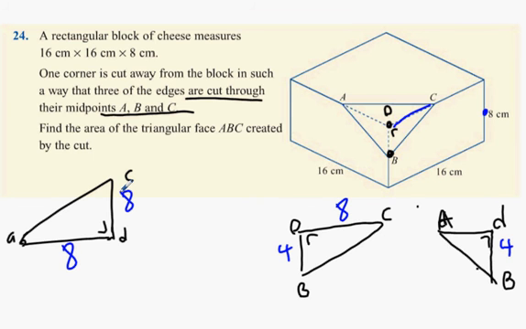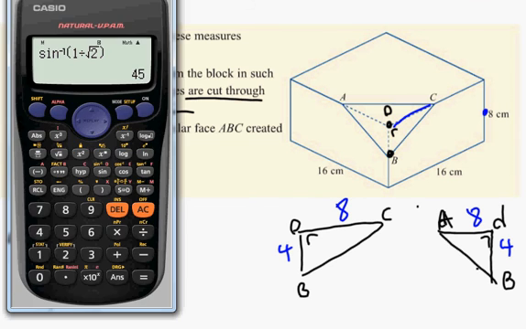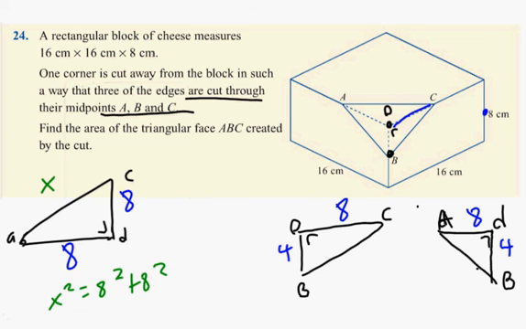8. So we're going to do Pythagoras' theorem a few times, aren't we? Call this one x. x squared equals 8 squared plus 8 squared. Square root of 128. 8 root 2. Are we right with that? 1 down.